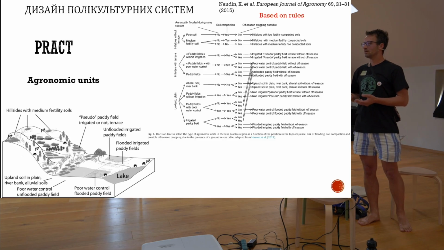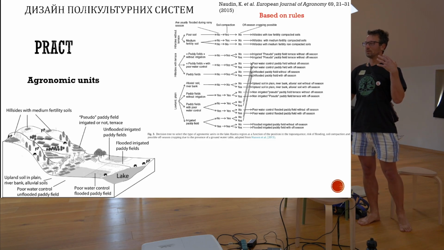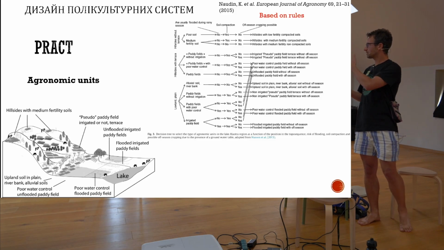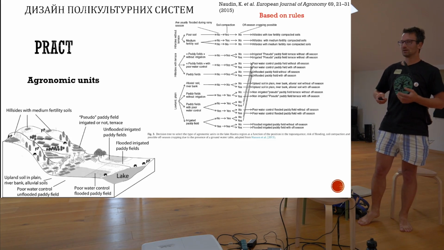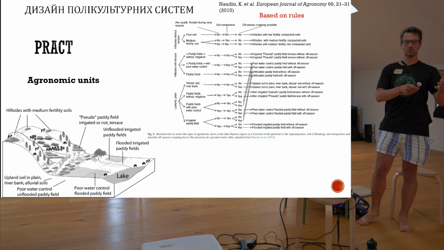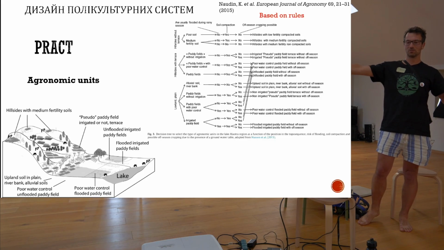By knowing these groups, you can group your plots, and from experience, you know that in this condition you cannot grow this cover crop, or the growing season is that long.